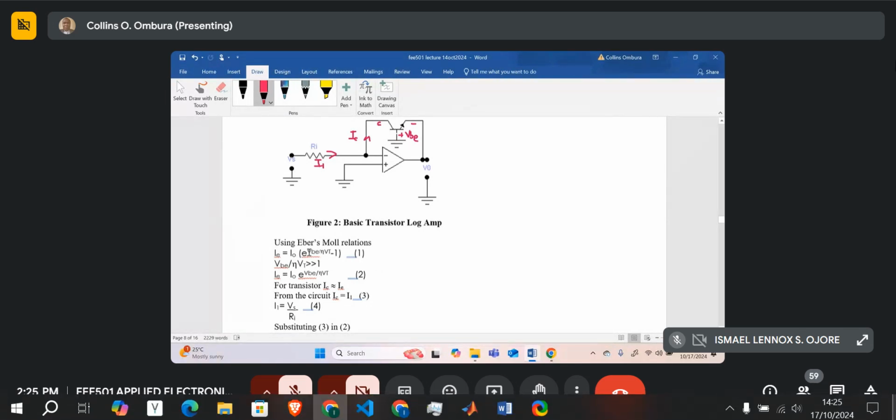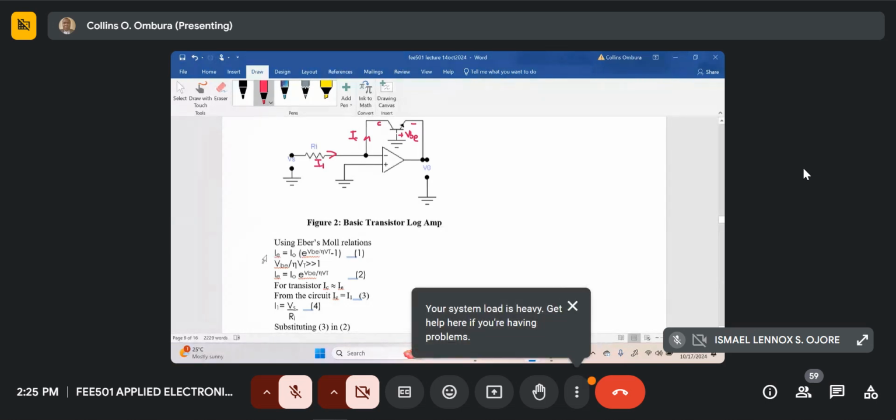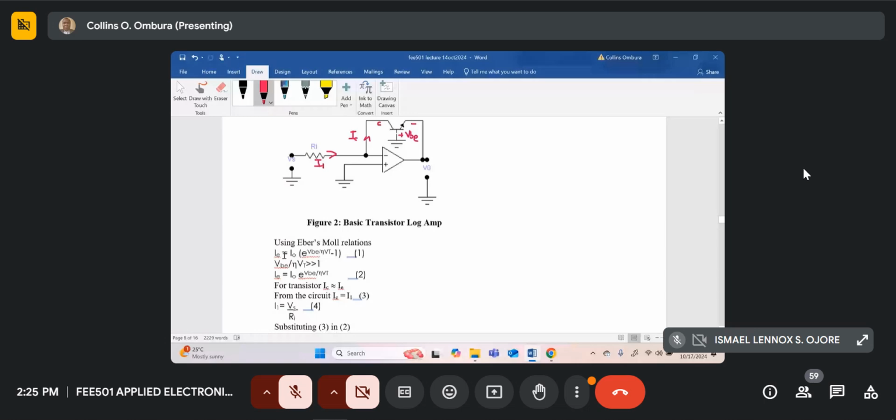So let's consider Ebers-Moll equation for a transistor. So for a transistor, we can write that IE, actually normally we write it IC, but I've started with the IE. So IE is I naught e to the VB over neta VT minus 1.